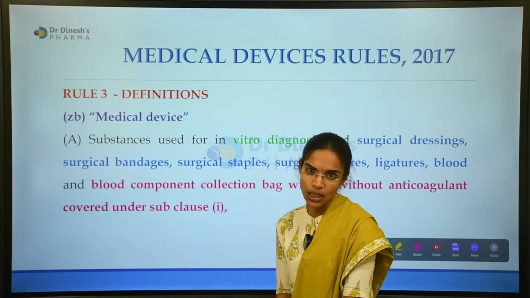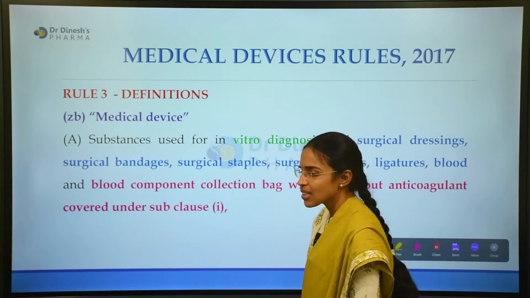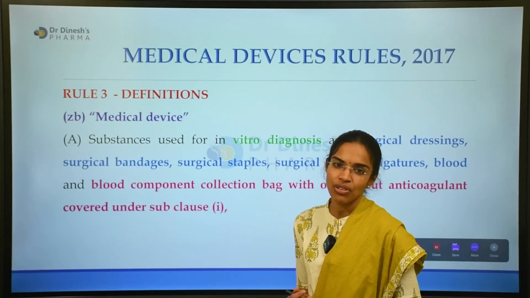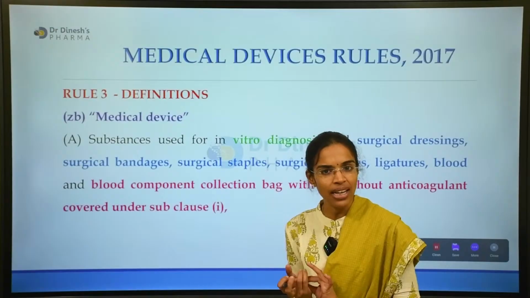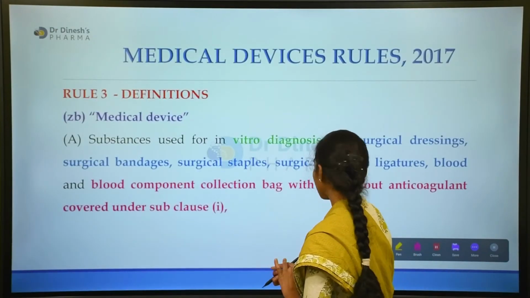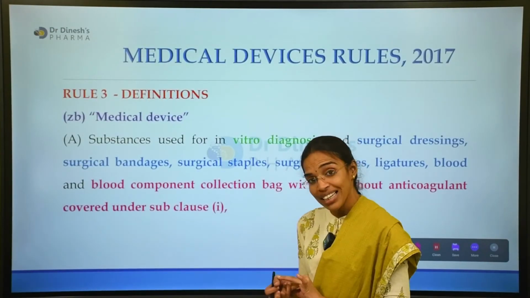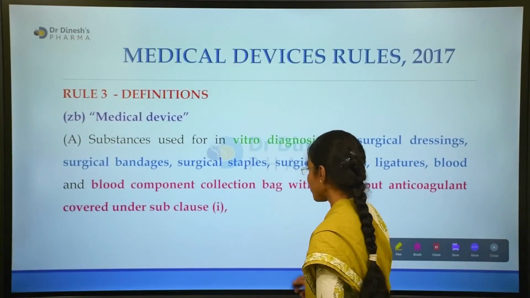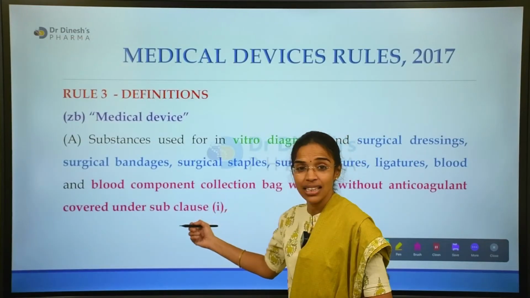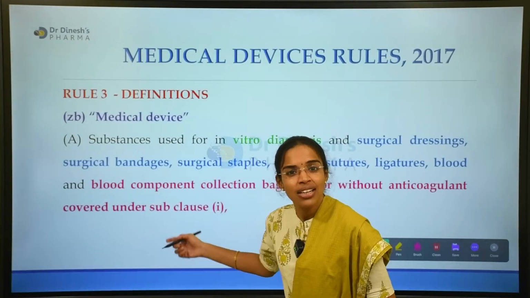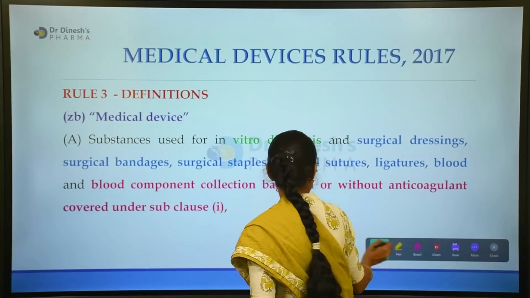All the substances included, like the substances used for in vitro diagnostics, surgical supplies, the blood component collection equipment, as considered under subclause 1 of Rule 2 again.